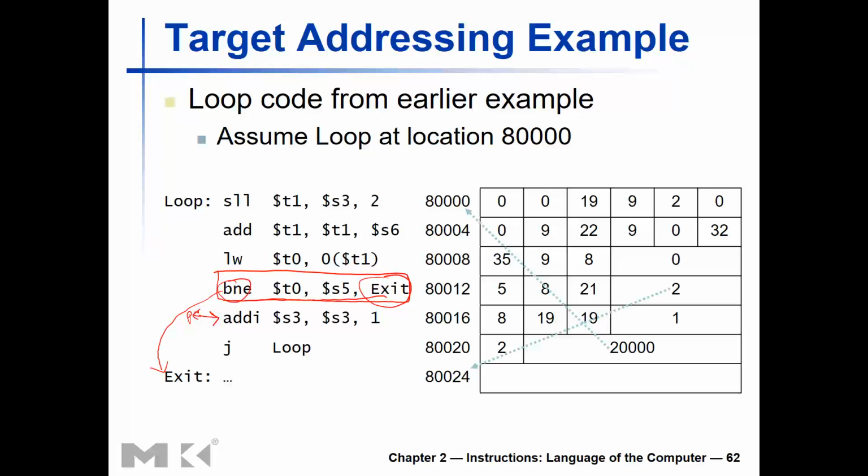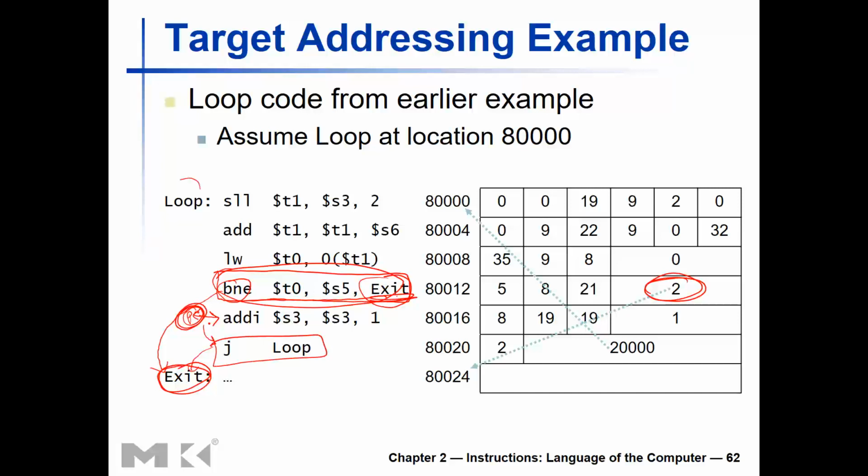Now, what's the distance between the PC and the exit? One instruction, two instructions, so two words. So in the encoding of this instruction, the delta is 2, because it's the distance between this PC and the label, which is right here.